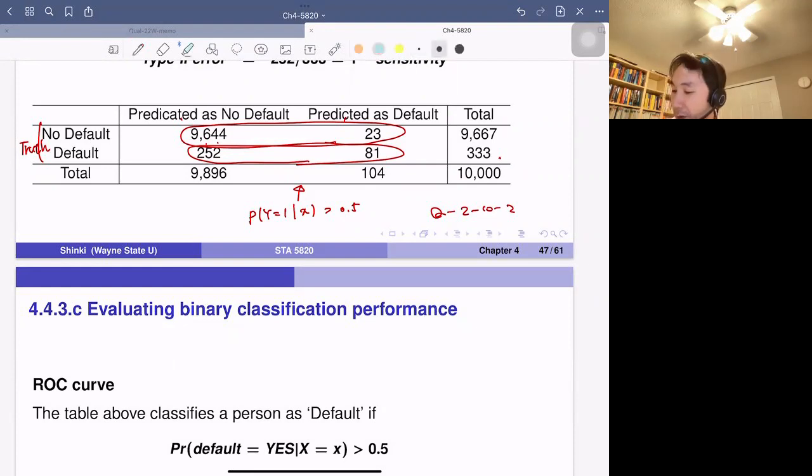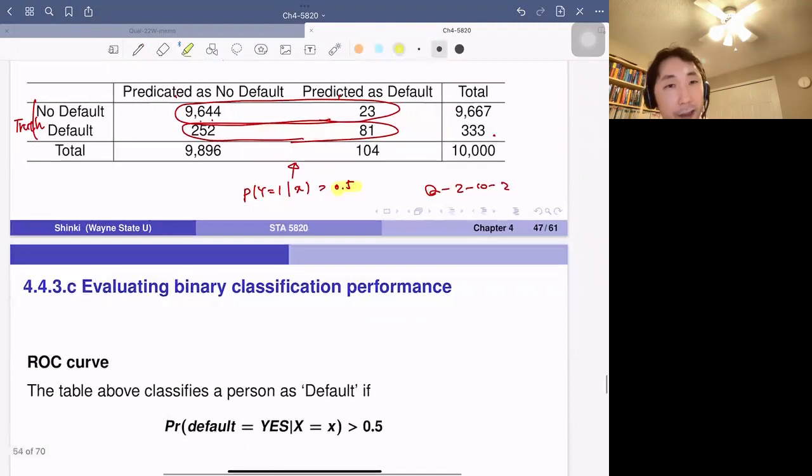So 0.5 is the threshold, but that isn't always the appropriate threshold. For example, you are lending money to consumers, and suppose one guy has a 40% default probability, so they don't return the money with 40% probability. Do you lend money to him? Probably not. It's too risky. So the threshold should be lower.